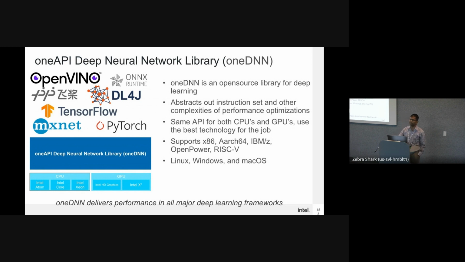Most importantly, it is the same API that is used for CPU and GPU. oneDNN supports x86, AArch64, IBM, OpenPOWER, and RISC-V, a variety of hardware architectures, and it supports operating systems like Linux, Windows, and macOS.